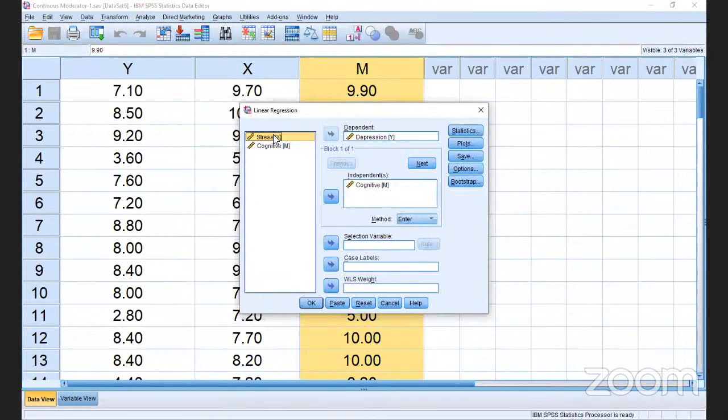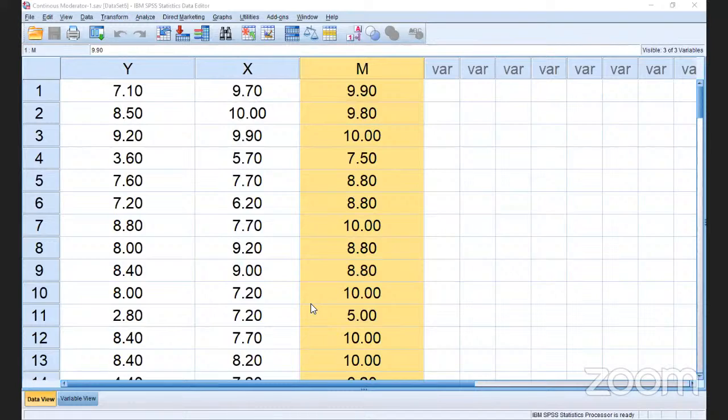So here I am using two variables in the equation. The depression dependent variable and stress and cognitive, this is it, and then OK. This is my result. Now we can see the output.